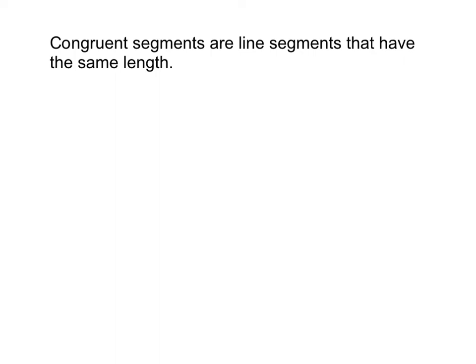Congruent segments are line segments that have the same length. Now, what you may see, let's say we have these two parts, and they want to say that these two sides are equal. So they're going to put a little tick mark here to let you know that they are congruent. It should just be 1. Okay.